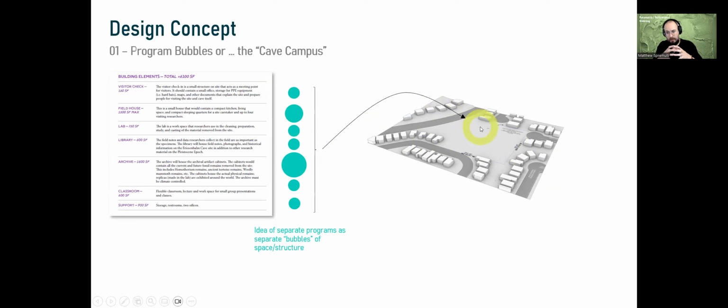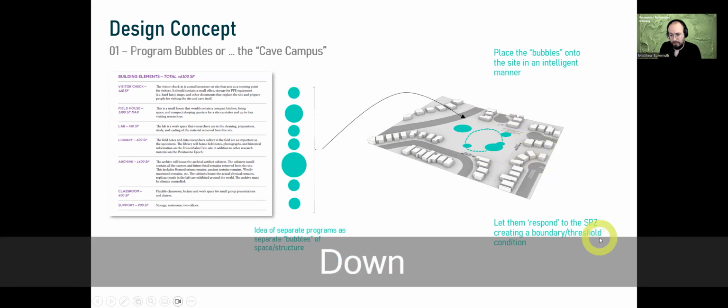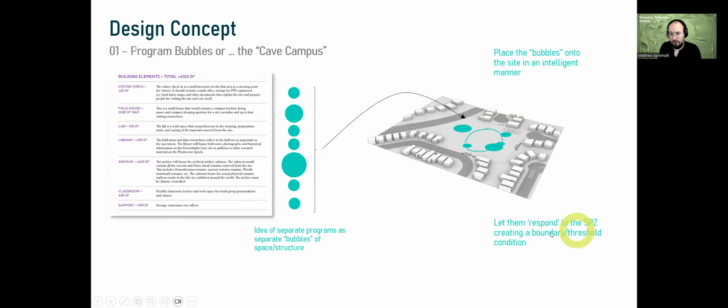We wanted the algorithm or the script or the definition to design spaces, and then we would programmatize the spaces after the fact. But generally, the idea was to take these circles of space or area and put them on the site in an intelligent manner, letting them respond to that special protection zone, creating that threshold and boundary condition.